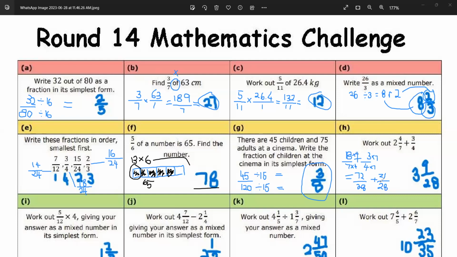So now we can sum 72 and 21, which will get 93 out of 28. To simplify, the answer would be 3 and 9 over 28.